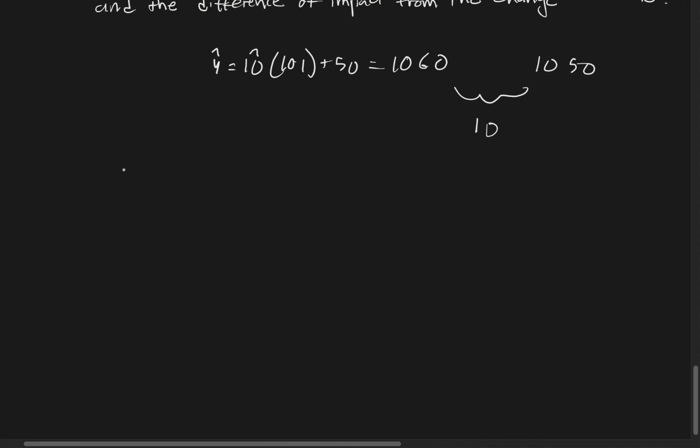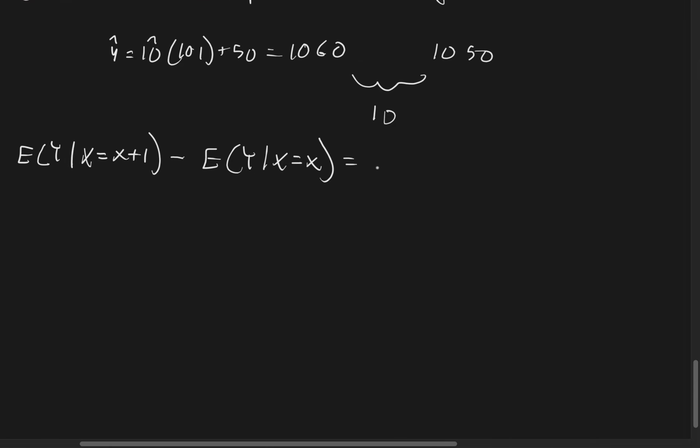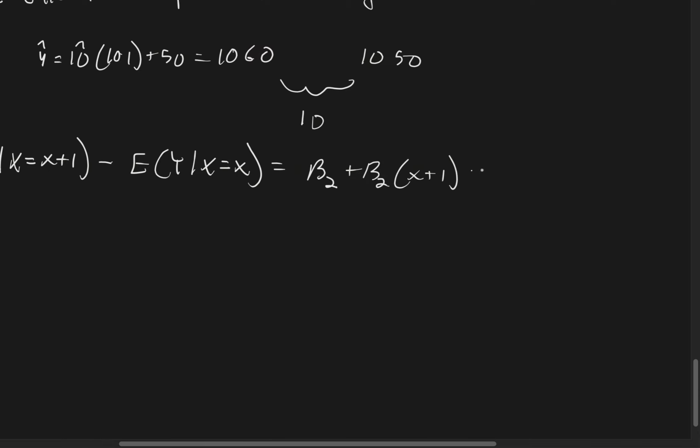And so mathematically, I can demonstrate that we can say the expectation of the output, given that the x unit increases by 1, minus the expectation at our previous x value. If we're calculating the difference of that, we can write that out mathematically.